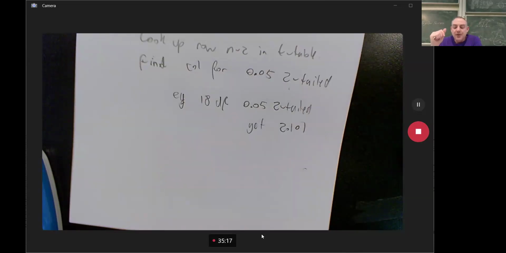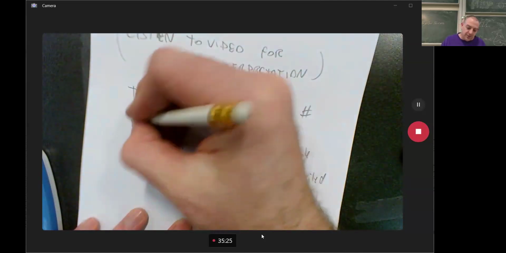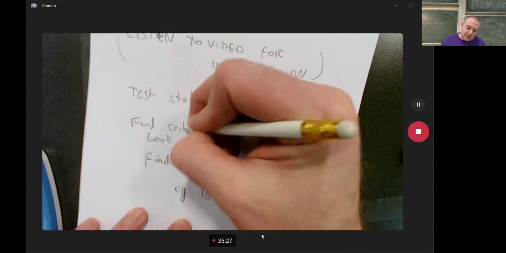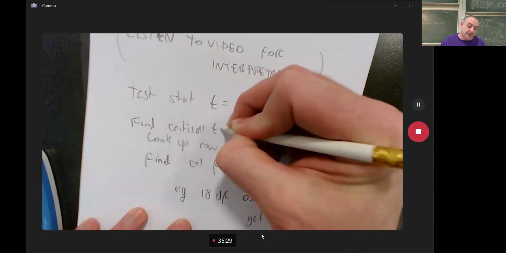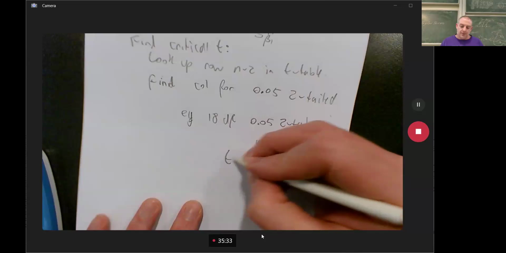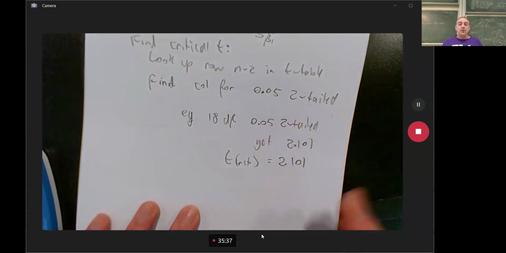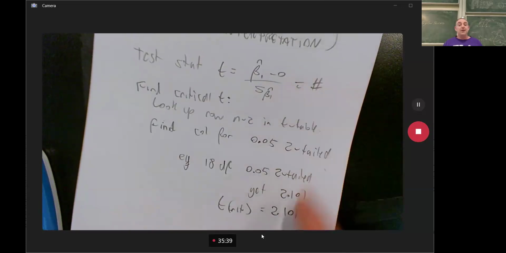Some people call this the critical t-value. I don't know if your lecturer uses that word. So what we need to find is the critical t, which is 2.101. What you want to do is compare the number you've got to that one.